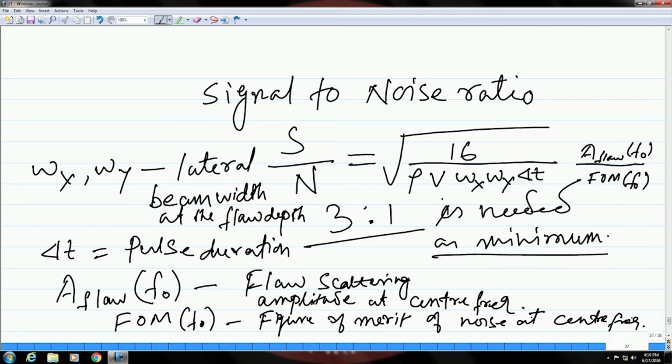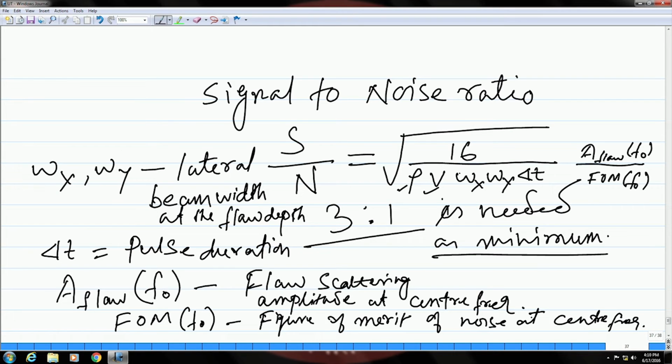Okay, so, these are the different parameters related to the probe, and there are two other parameters here. So, rho is the density of the sample or the medium, and v is the velocity of sound wave in the material that the sample is made of.